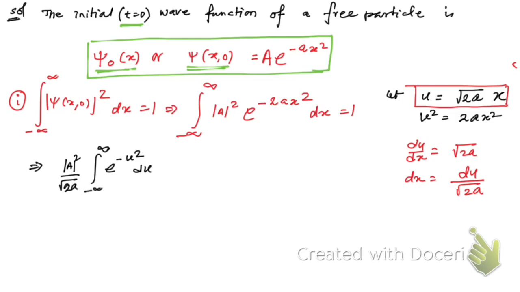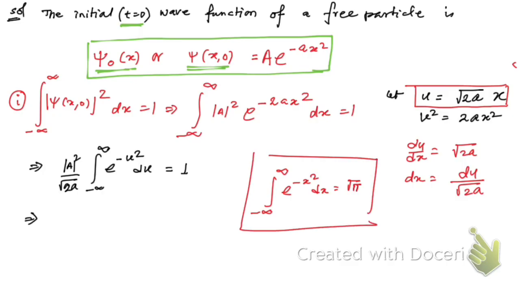So now you see on the right hand side we have 1, so which means here, as I have already told you, integration from minus infinity to plus infinity e to the power minus x square dx is equal to root pi, as I have already shown you. So we're going to use this result here.